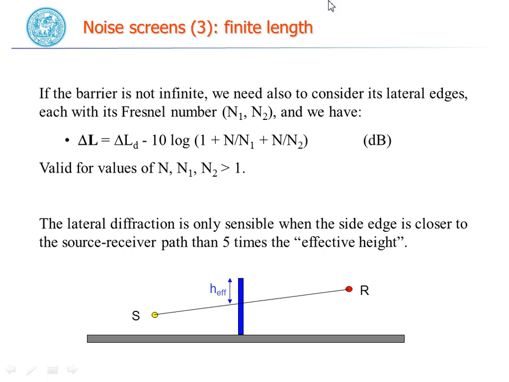And this will reduce the final attenuation. So when you design a noise screen, try to make it as long as possible, because otherwise the final attenuation will be much lower than the Maekawa prediction.